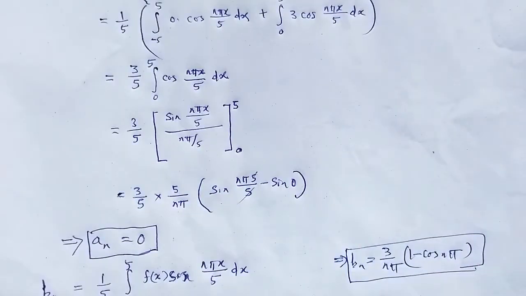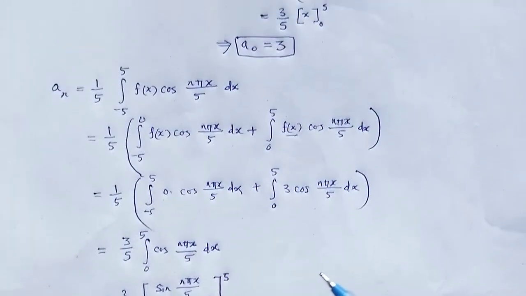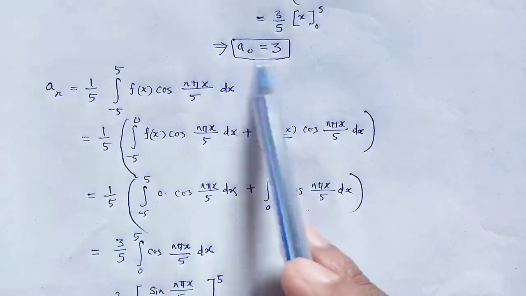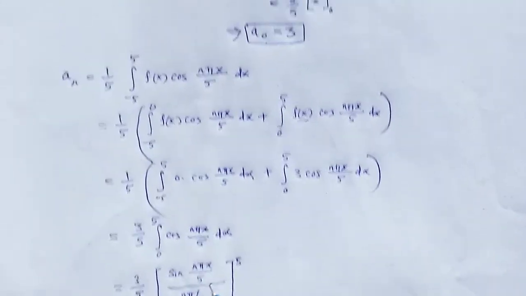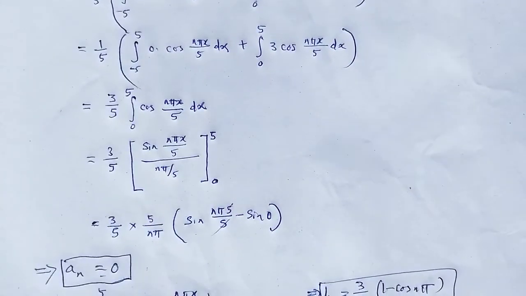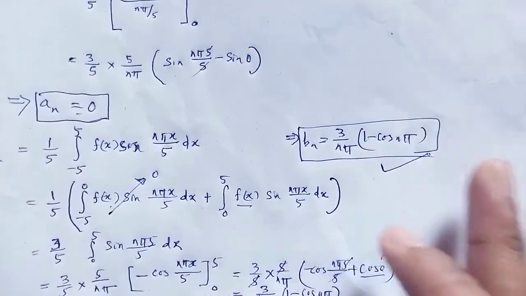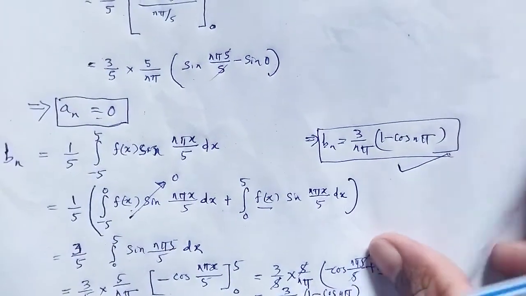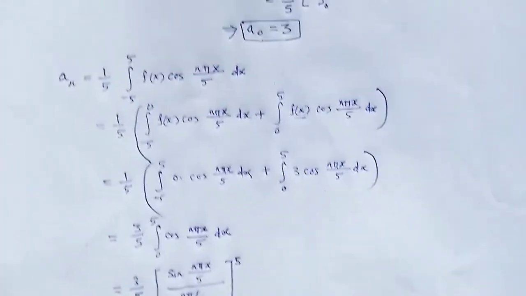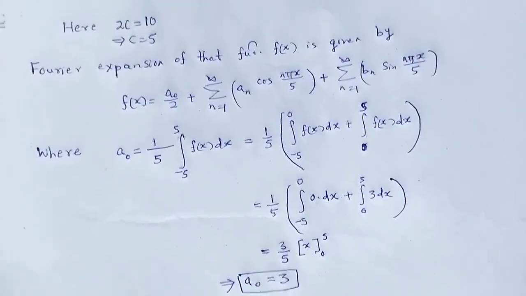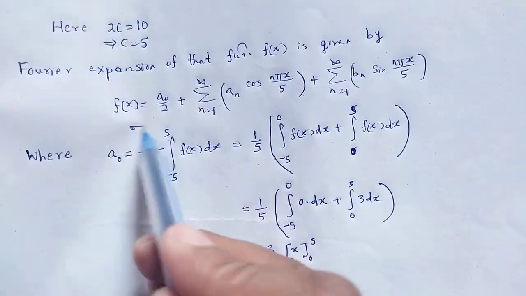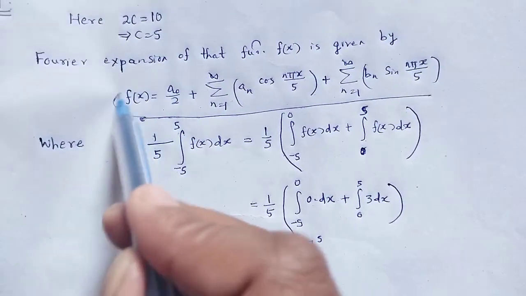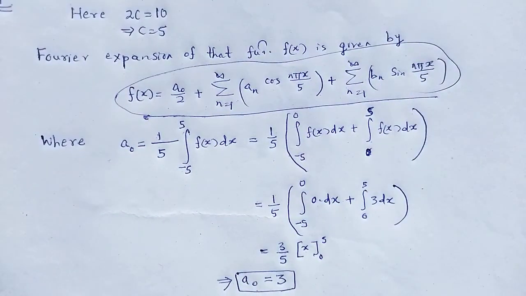Now the Fourier coefficients: a naught is equal to 3, an is equal to 0 only, and the Bn term exists, therefore we expand the given function in terms of the Fourier series.